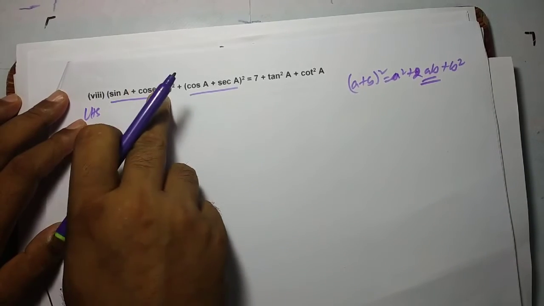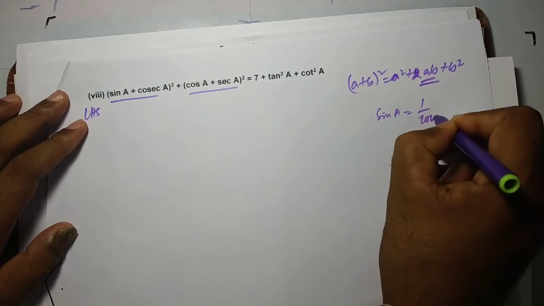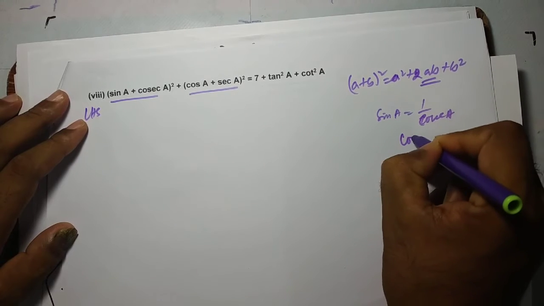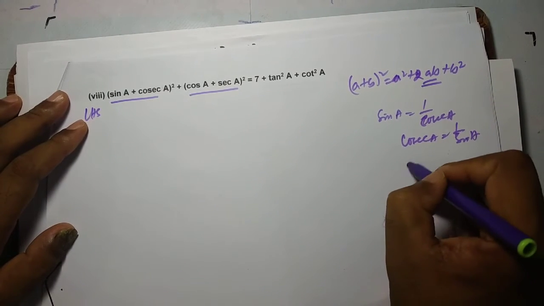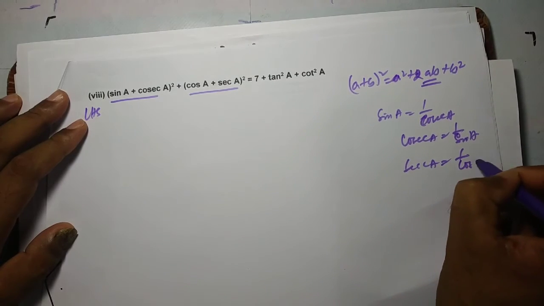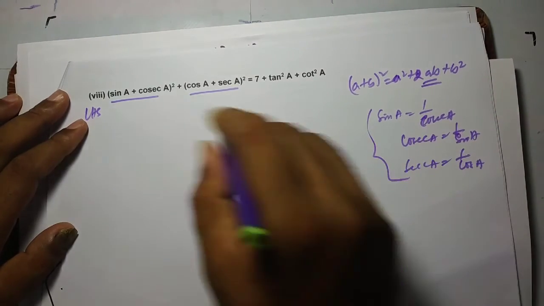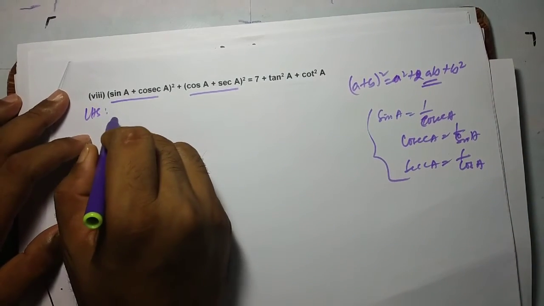So in our case, the 2AB term is 2 sin A cosec A, which becomes 1, because sin A equals 1 upon cosec A, or cosec A equals 1 upon sin A. Similarly, sec A equals 1 upon cos A. So the 2AB terms reduce to a constant.